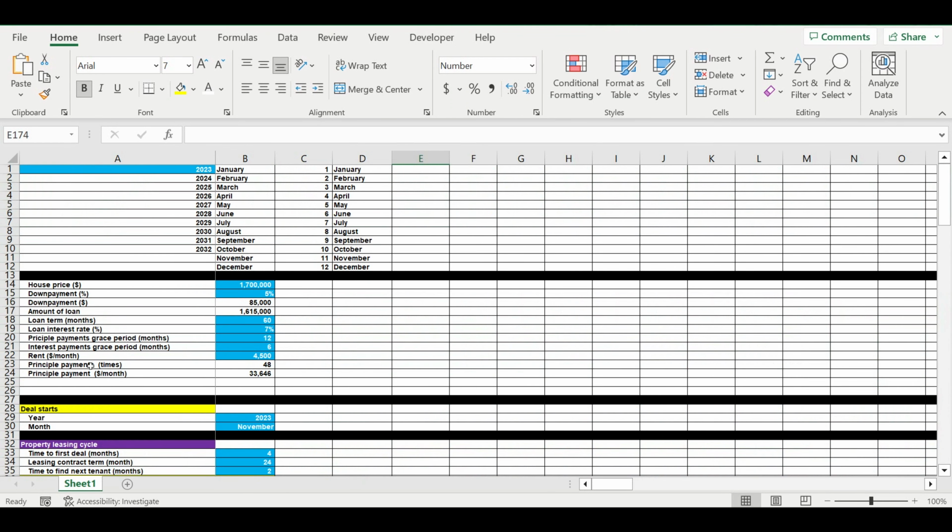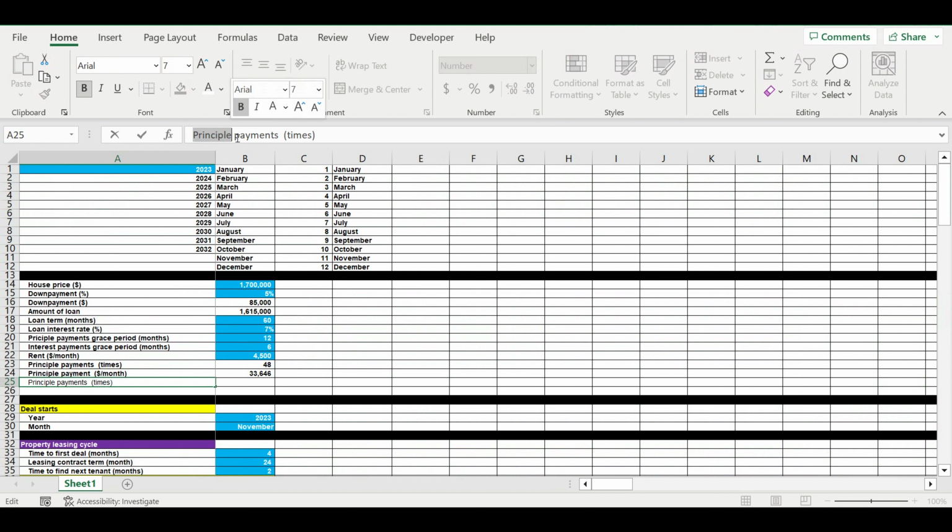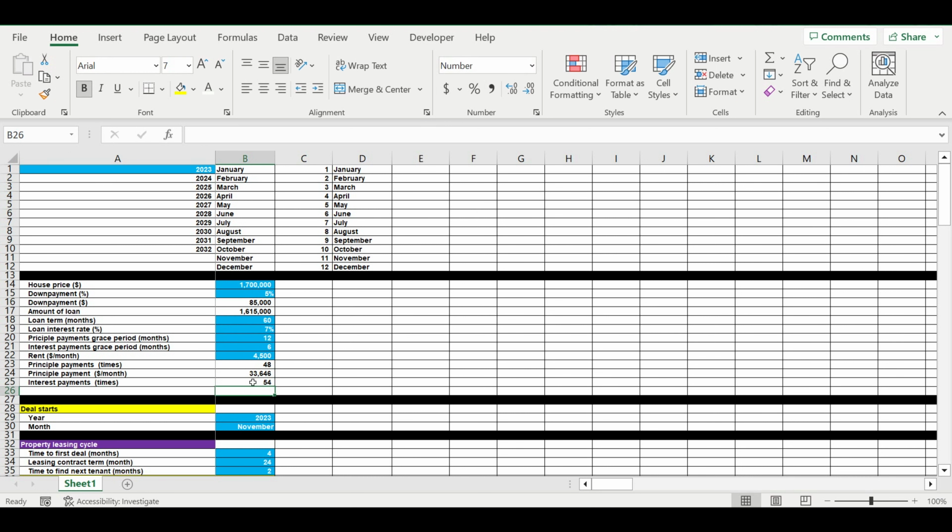So principal payments times interest payments times, so this will be 60 months minus 6, and the interest payment will be dollar per month.